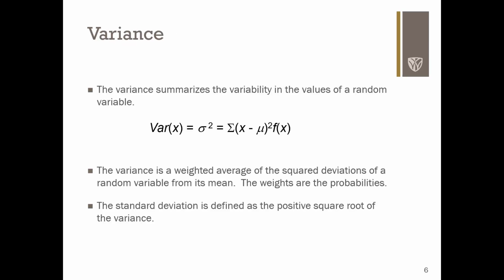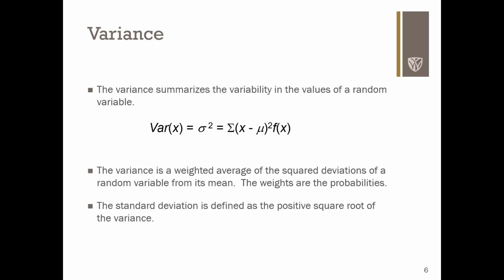Similarly, to compute the variance is just the sum of the squared differences between the value of the random variable and its mean. So we take each outcome, each value, subtract the mean, we square those differences. We multiply them by the likelihood of the outcome, by the probability of the outcome, and then we sum that up.